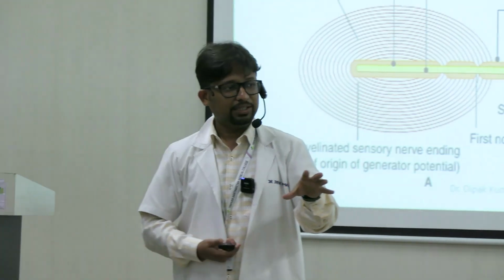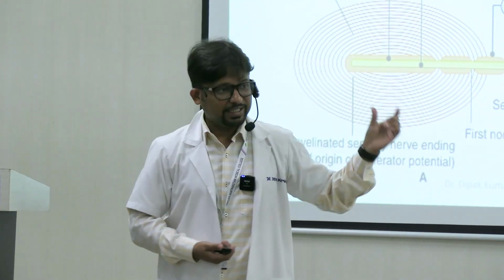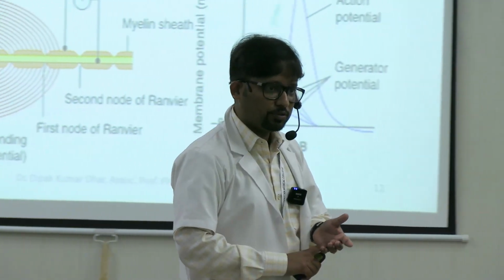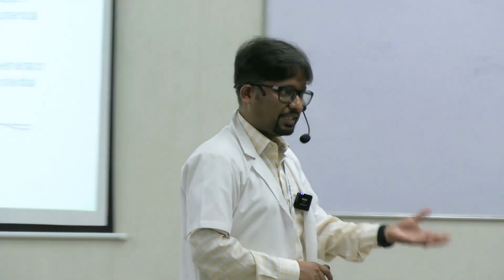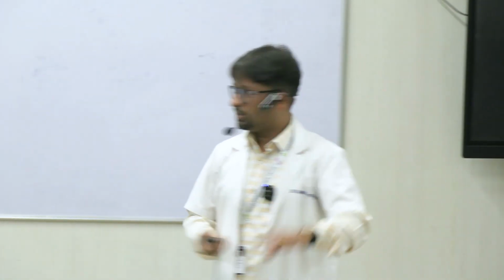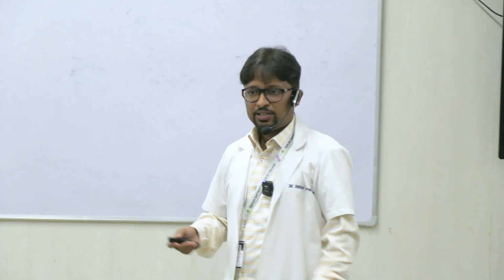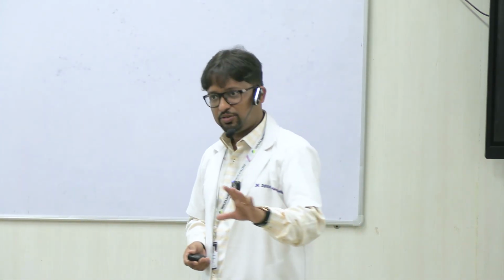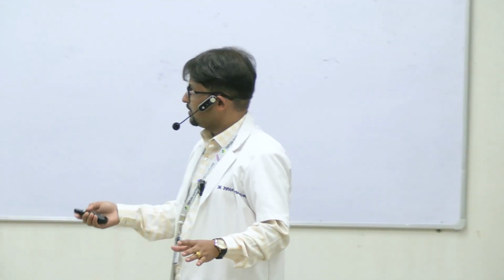But both of these are happening at the receptors only. Nomenclatures are decided by what the receptor is: is the receptor a nerve ending itself or an epithelial cell linked with a nerve ending? That is the reason there is a difference of nomenclature. But the bottom line is, this is the initial response when there is a stimulus.